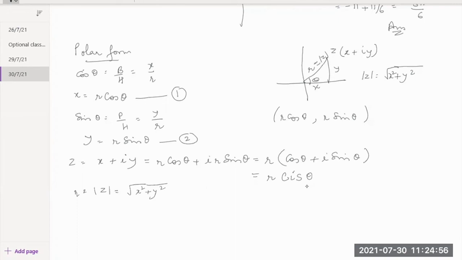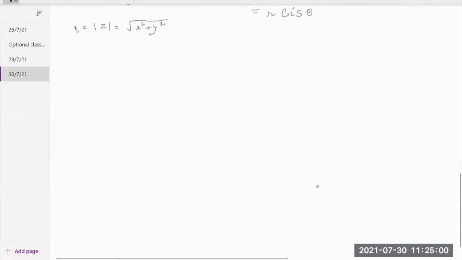I am taking up another example. Now see, my complex number has been given to me. This is one example which I'm taking up, okay? -1 minus i. Just now it's in the complex number form, right? It has to be changed to polar form. That is my question.